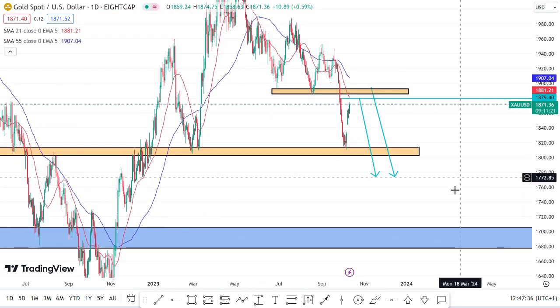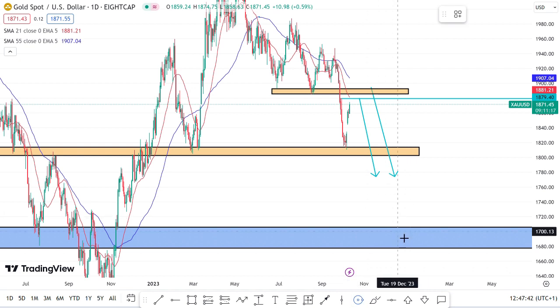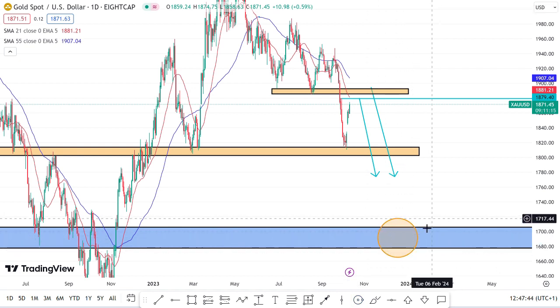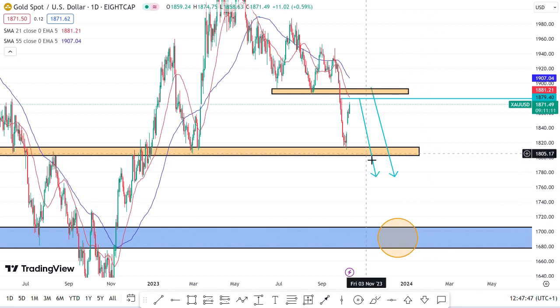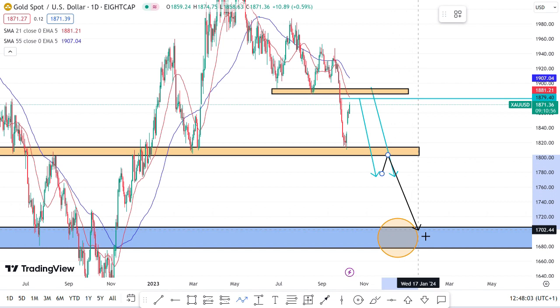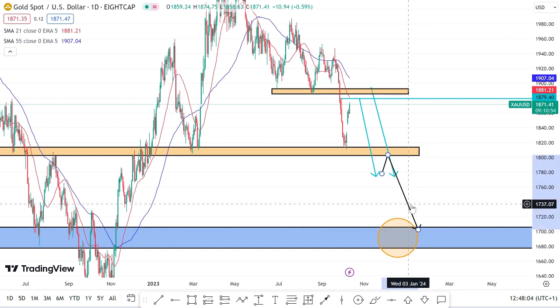This is a key level. This is where our mindset is, we are targeting somewhere here, and this can only be achievable when we break this particular support or this minor zone. And once we break here, we are going to see a reversal. This will come back to touch here, and boom, we take it to the downside, guys.